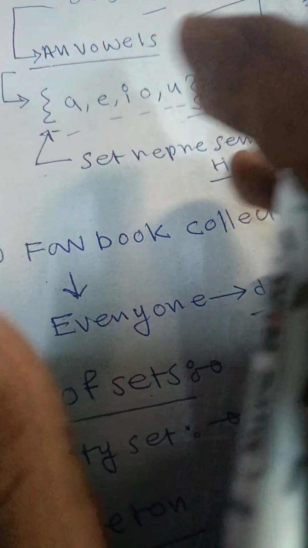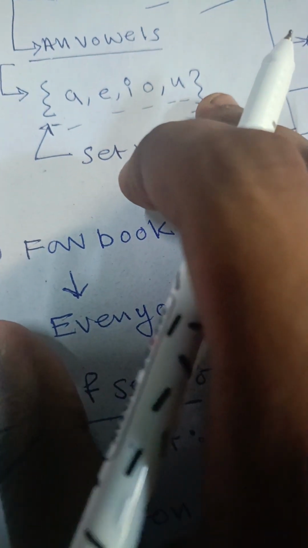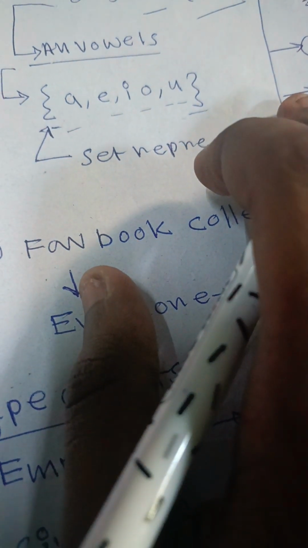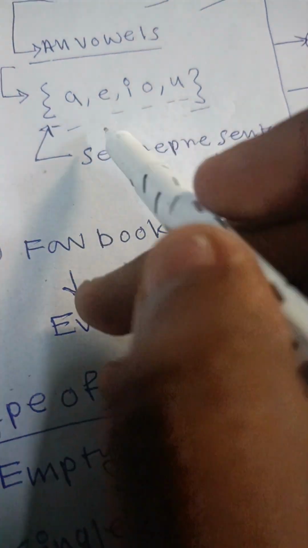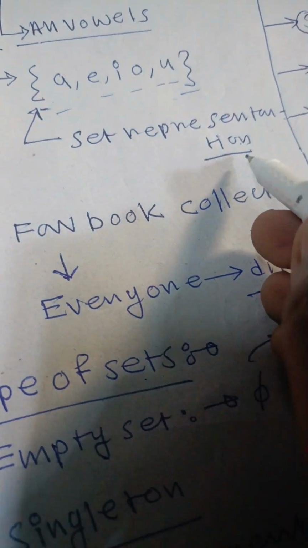There is no abstraction or subjective answer to it. This is the objective approach in which we can represent all the vowels in the alphabet, and there are no extra vowels we can create a thought of. So this is how the set is represented.